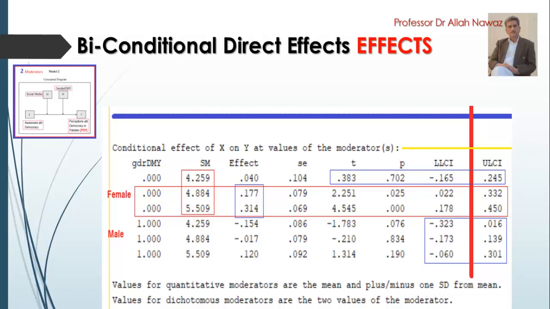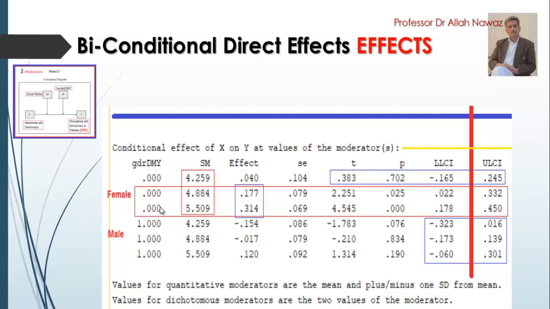And the lower and upper scores of the confidence intervals have plus signs, therefore there is no chance of 0 in the range. So females with a score of 4.88 on the first moderator in the model, social media, with that score they have a greater and significant effect on the relationship between X and Y.